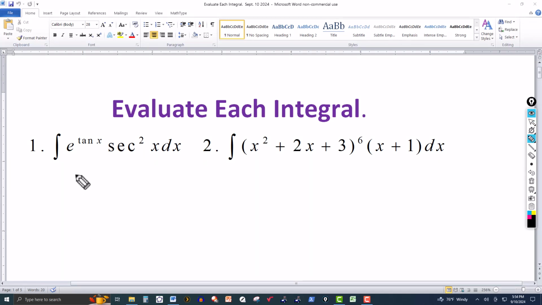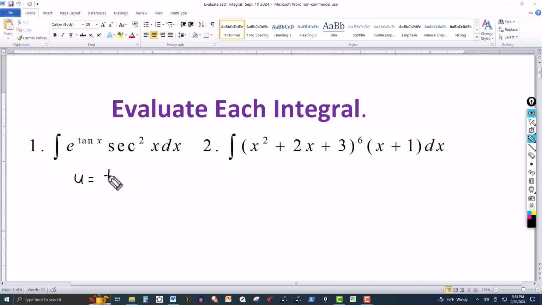Sometimes they're fairly obvious, sometimes they're not. These two are pretty straightforward. The u is generally going to be equal to something that may be a power, something in the denominator, or some kind of factor in the numerator. So here, I know that the derivative of tangent is secant squared.